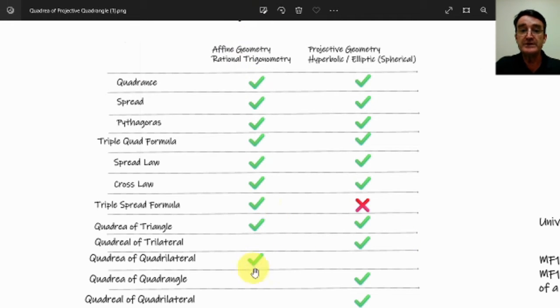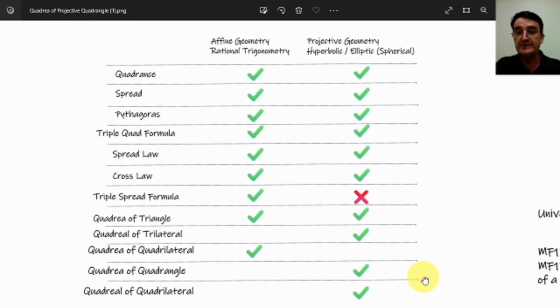In affine geometry, we have a quadria of a quadrilateral, a metrical measurement of a quadrilateral. In projective geometry, we have the quadria of a quadrangle, and also a dual formula, the quadreal of a quadrilateral. So the triangle has a dual, the trilateral, and the quadrangle has a dual, the quadrilateral.